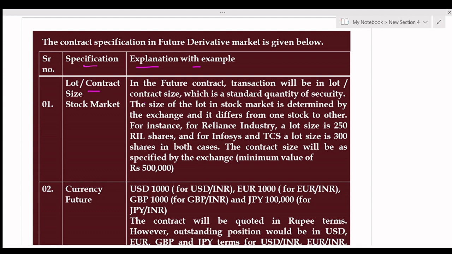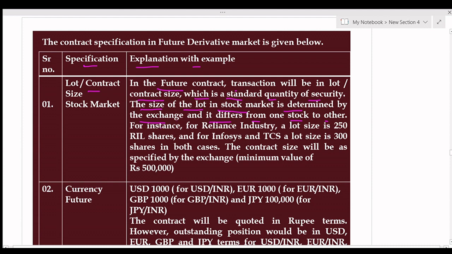Now come lot and contract size. In the future contract, transactions will be in lots and contract size, which is a standard quantity of security. In the equity stock market, the size of the lot is determined by the exchange and it differs from one stock to another.